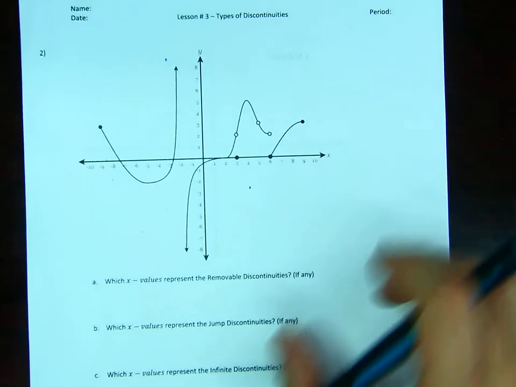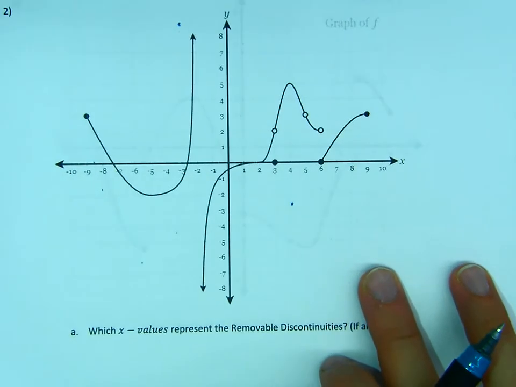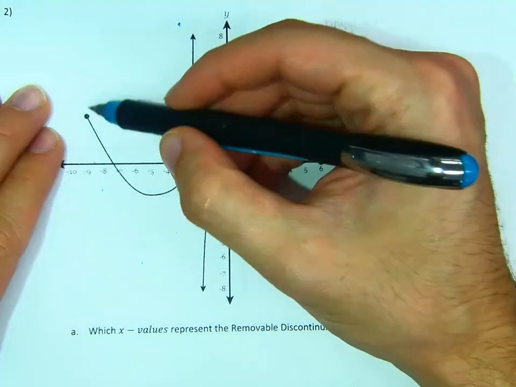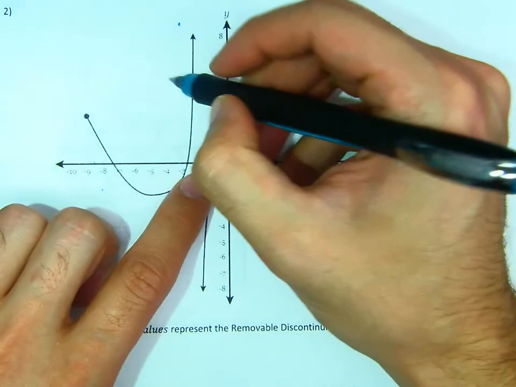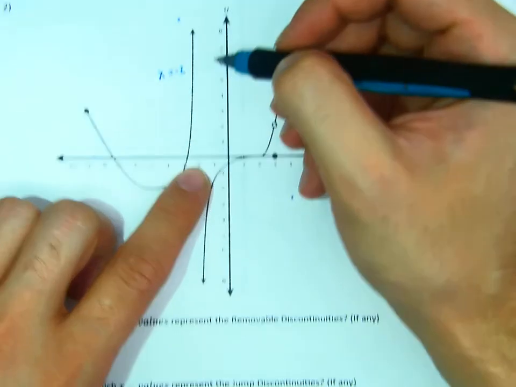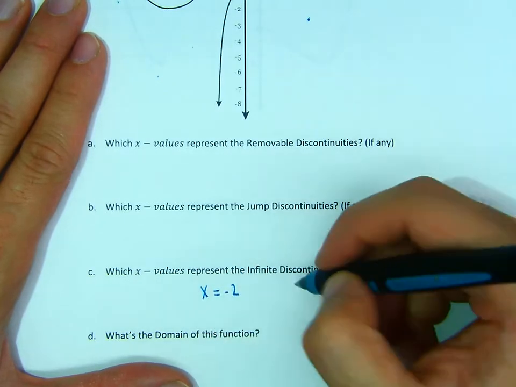So let's say you pause the video and you wanna come back. Let's take a look. So here, this one's not too bad, right? Here, Super Mario is here. We're all good. Oh, x equals -2. What type of discontinuity do we have? This will be an infinite, right? What's the reason why?